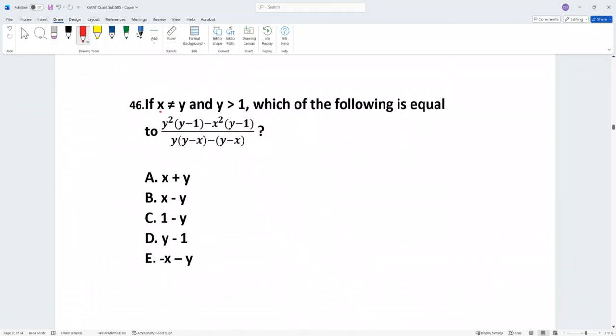46. If X is different from Y and Y is greater than 1, which of the following is equal to this?